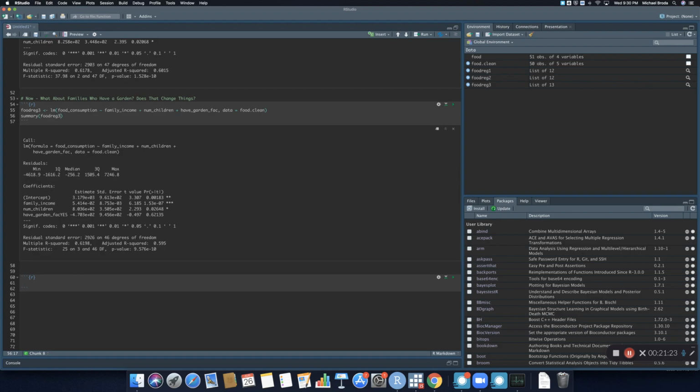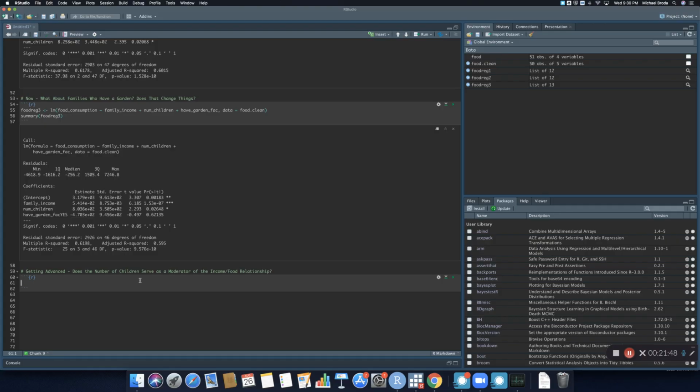Okay, so garden doesn't do anything. Now let's run one more model here that gets really fancy. Are you ready? I hope so. So let's talk about possibly studying whether or not variables can be moderators or interactions with other variables.